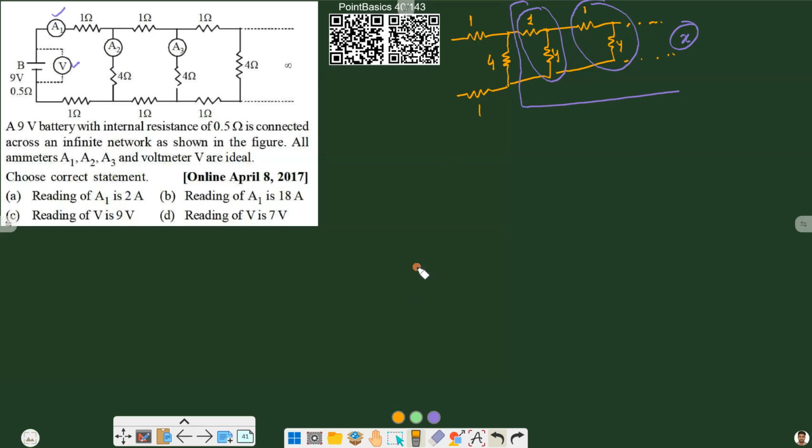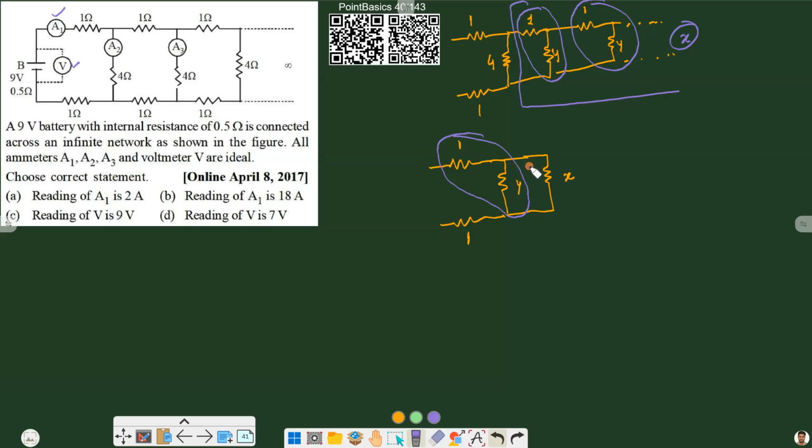So we can write it like this: we have a 1 ohm resistance, a 4 ohm resistance and a 1 ohm resistance, and the resistance of this whole repeating part will be, suppose, equal to x. As we already mentioned, this 1 and 4 ohm system is repeating again and again, and we can also see here that this is again a 1 and 4 ohm system.